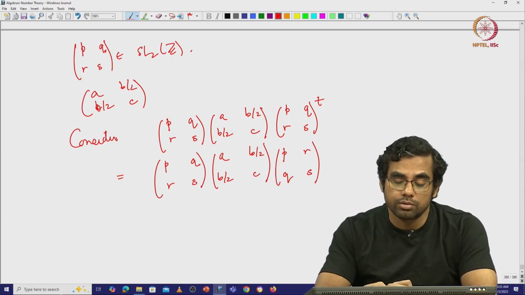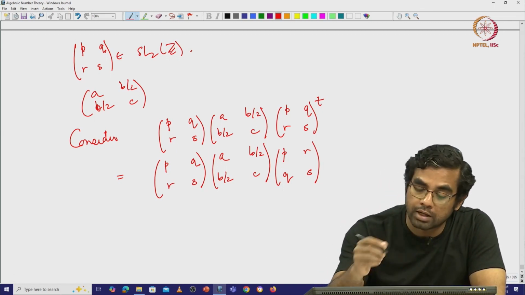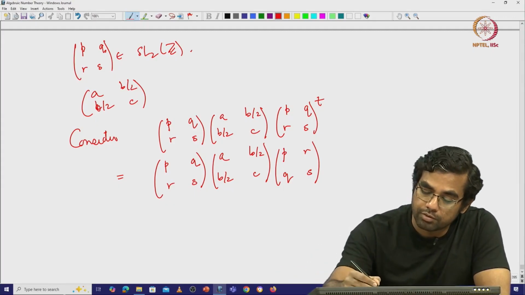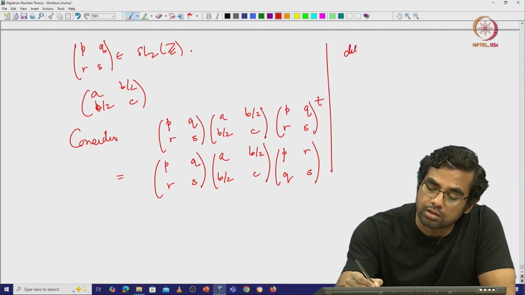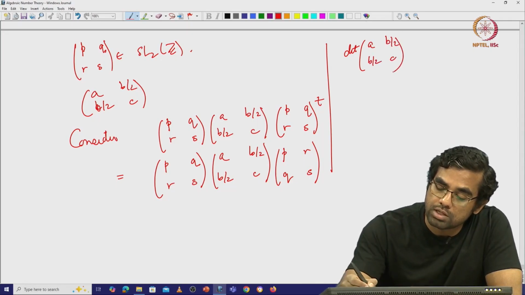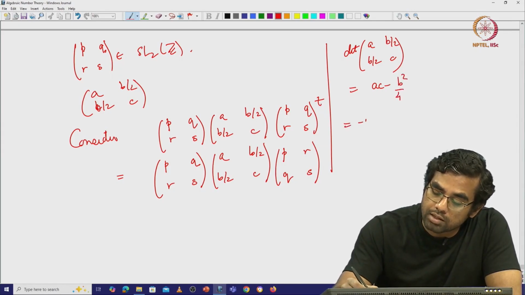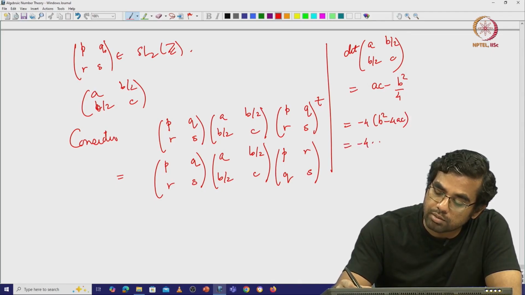Maybe before writing this out, I should say, if you look at the determinant of (A, B/2, B/2, C), this is AC - B²/4, which is -1/4 times (B² - 4AC), which is -1/4 times the discriminant.